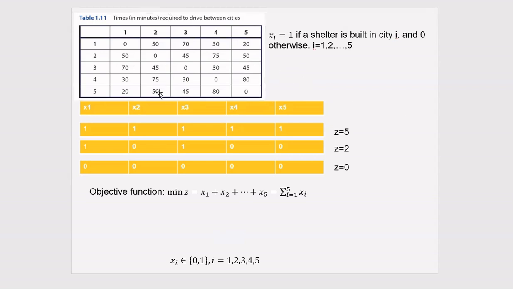For example, this solution, 1, 0, 1: build 1 in city 1, build 1 in city 3.